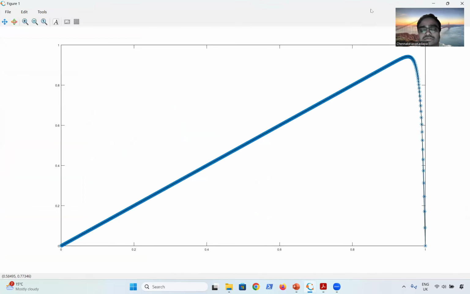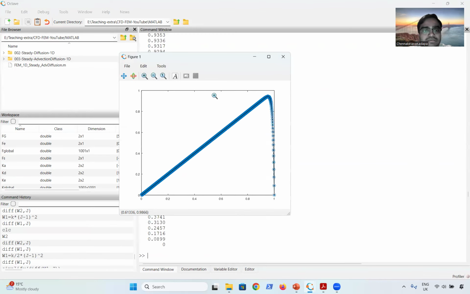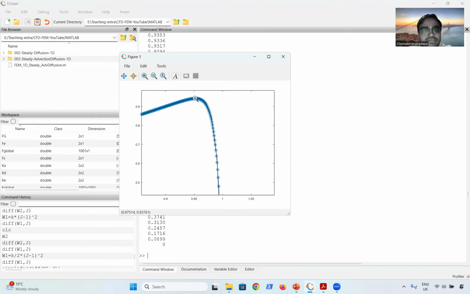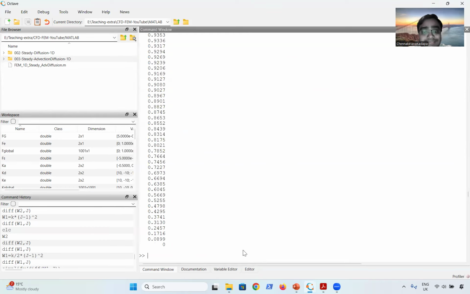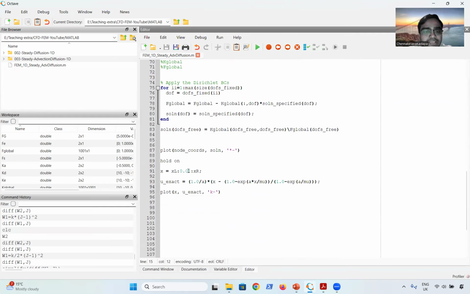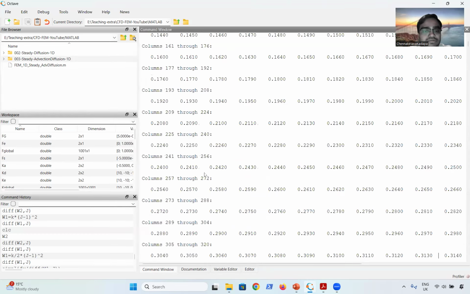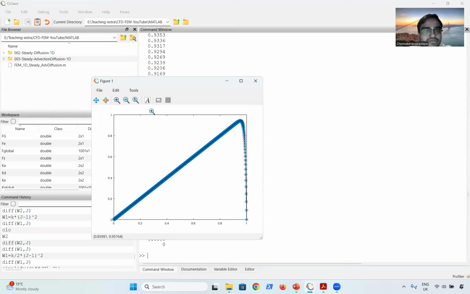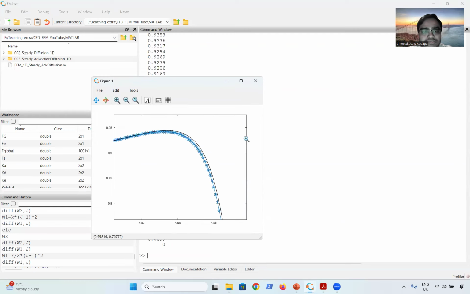As we include more elements, the solution has improved. It matches well. That discrepancy is because when we plotted, we had taken only 100 points. Now if I change it to 1000, the matching should be better.